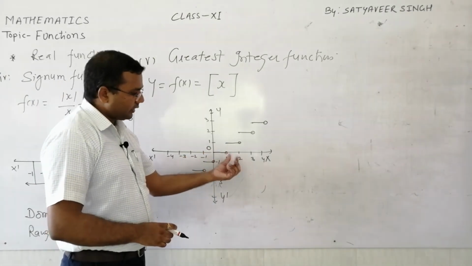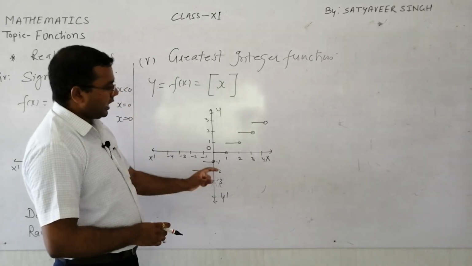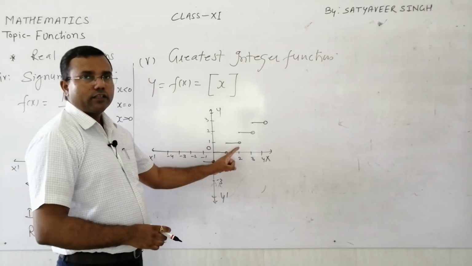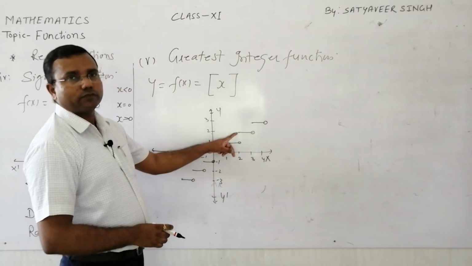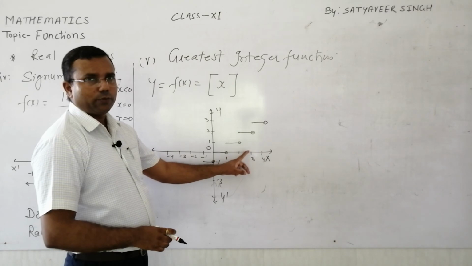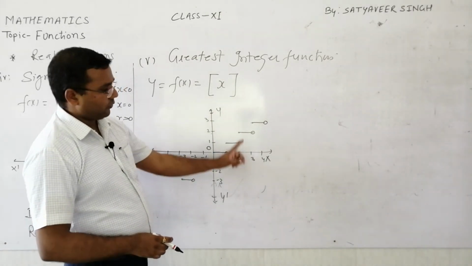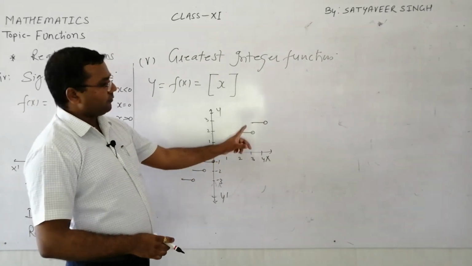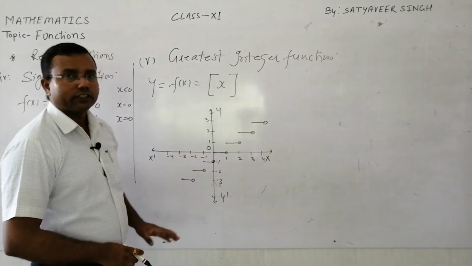If I go further, 1.1, 1.2, 1.3, 1.4, it is again giving you the value 1 only. But as soon as I reach 2, it gives you the value 2. Again at 2.1, 2.2, 2.3, 2.4 till 2.9 or something, it is giving you 2 only. But when I reach 3, it gives you 3. And it keeps on moving like this.